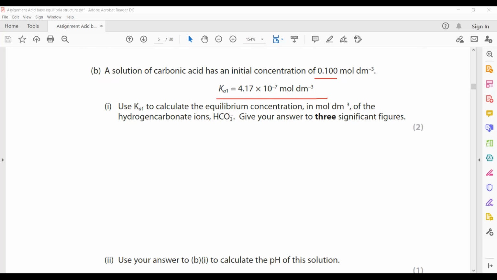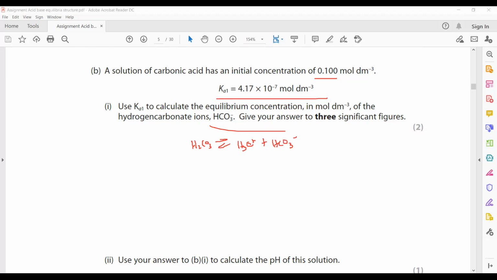So we can simply work it out, because if we take the first equation, the first one, H2CO3 dissociates into H3O+ and HCO3-.